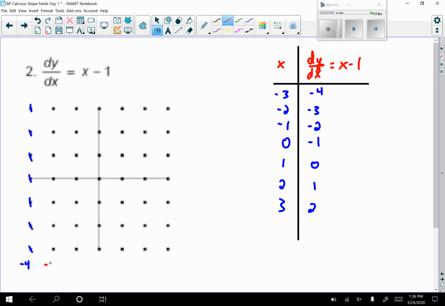After that, we would have a slope of -3. Then we would have -2.